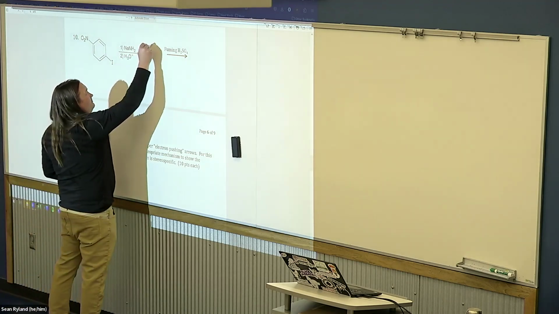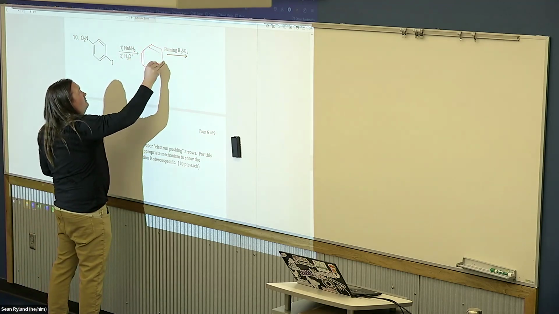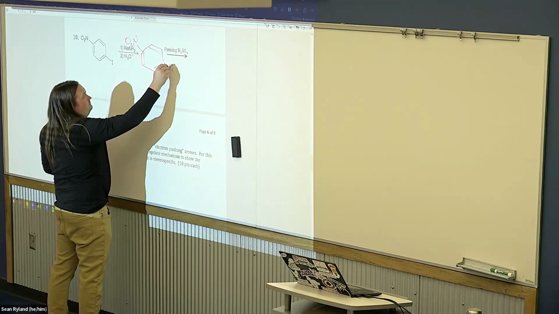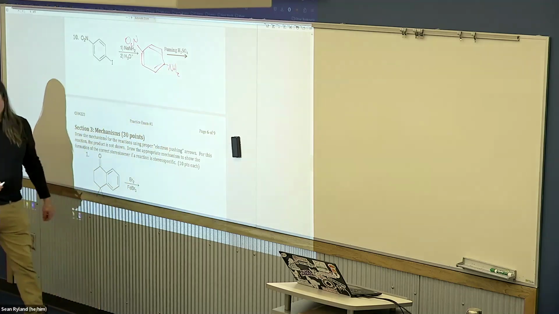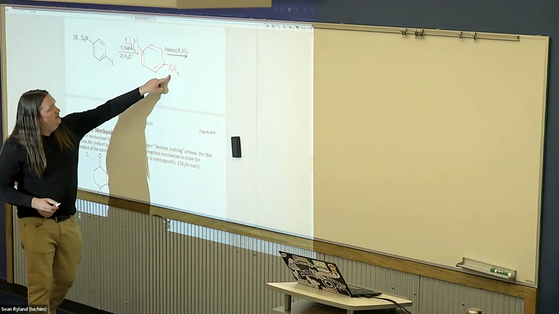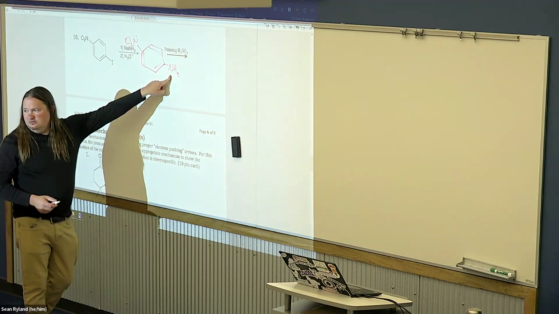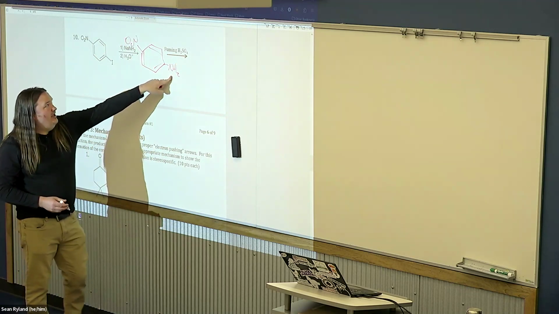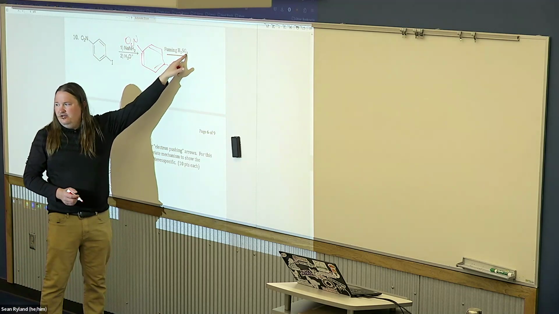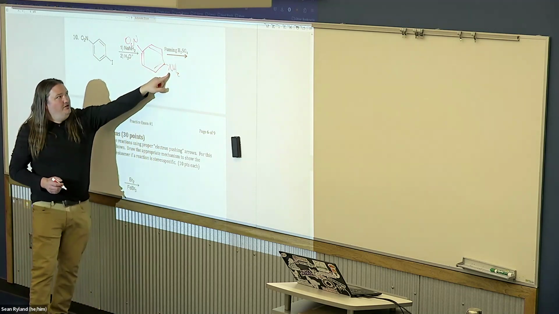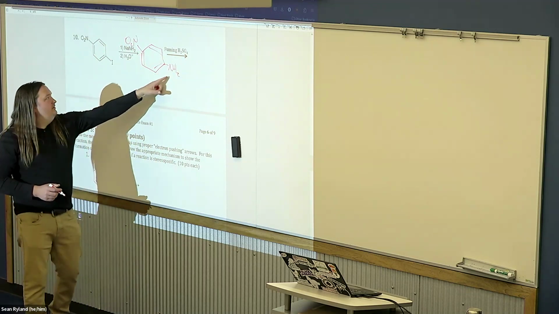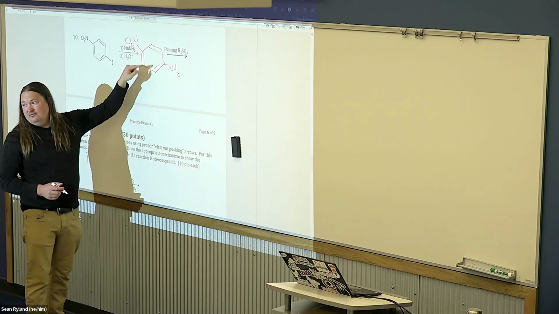So first step, we're going to get a strong electron withdrawing group and a strong donating, activating group. So then our next one, fuming H2SO4, we're going to add an SO3. And we've got an OP director that's strongly activating, so that one takes priority. Can't go para, so it's got to go ortho.